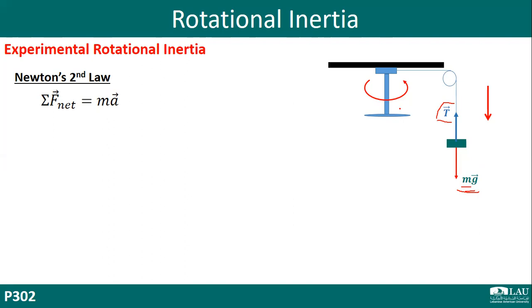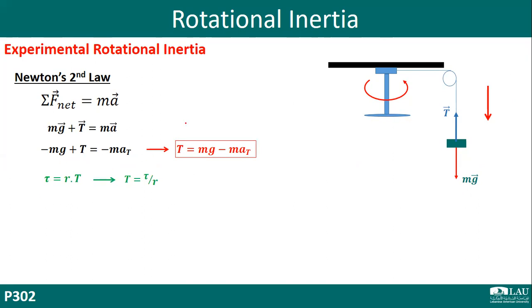Now, if we apply Newton's second law, mg plus T equals ma, we do the projection: minus mg plus T equals minus m a_t. If we consider that falling down is the positive direction, in this case, mg minus T equals m a_t. So T equals mg minus m a_t.